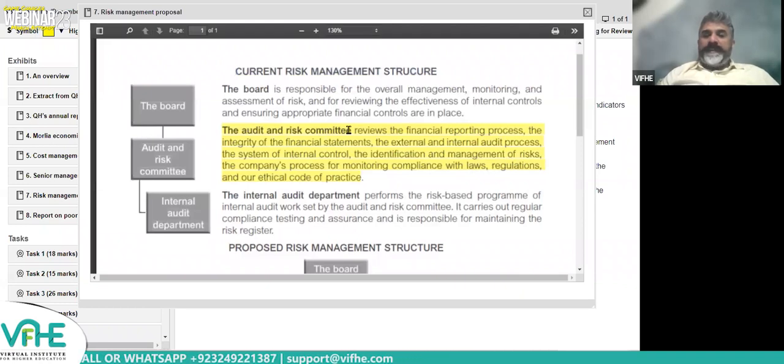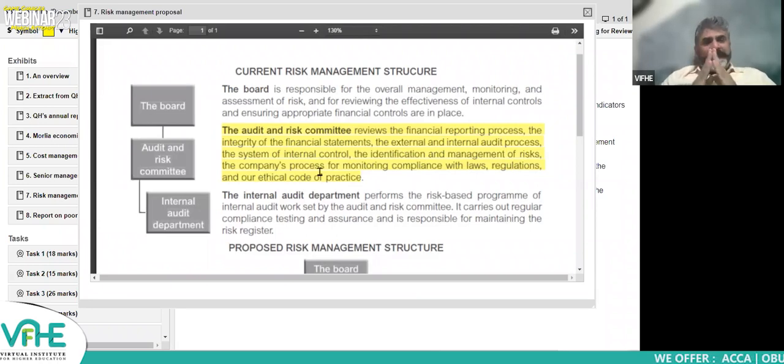They are doing so many things. They are reviewing the financials, the integrity of the financial statements, the external and internal audits, the system of internal controls, identification and management of risks, and the company's process for monitoring compliance with laws, regulations, and the ethical code of practice. So many things are being handled by the poor audit and risk committee.